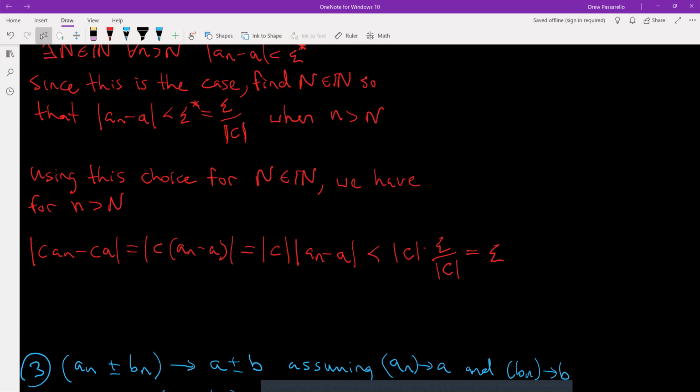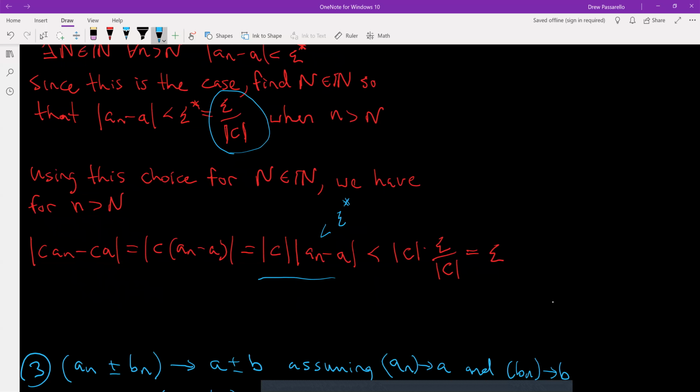The absolute value of the difference, c times a_n minus c times a, is equal to this, and then we know this a_n minus a, that whole thing, is less than our epsilon star based on our choice for N. And epsilon star is epsilon over the absolute value of c.